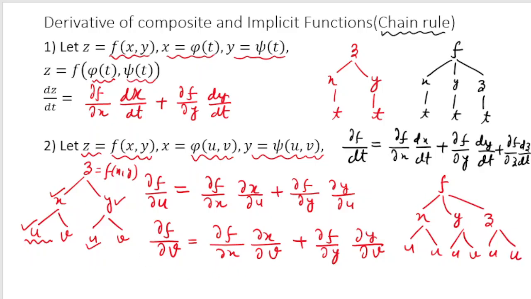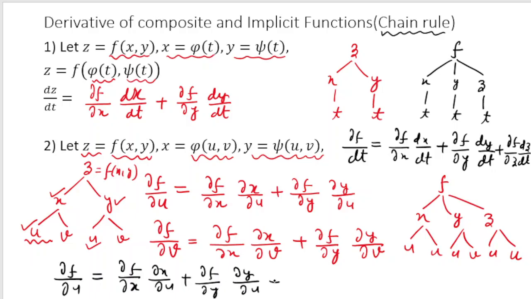So in this case, for example, if I ask you what will be del f by del u, you are smart enough to guess that first I have to differentiate f partially with respect to x and x with respect to u, then f partially with respect to y and y with respect to u, then f partially with respect to z and z with respect to u.